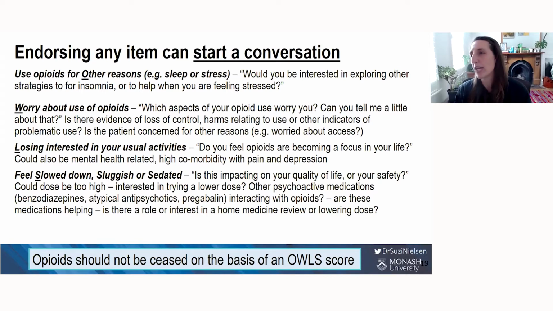If someone is endorsing using opioids for other reasons, so if someone says they're using their opioids for sleep or stress, it would be really good to start a conversation to understand if that person might be interested in exploring other evidence-based strategies for insomnia, or to help them cope in times of stress. It isn't ideal that someone's using their pain medication to cope with stress, but it certainly is understandable, particularly in the absence of other coping strategies.